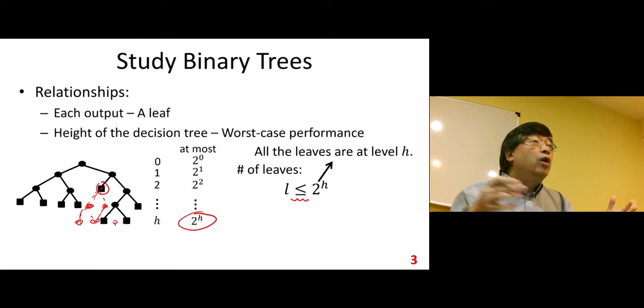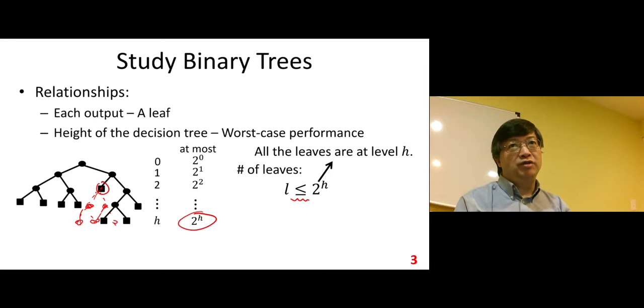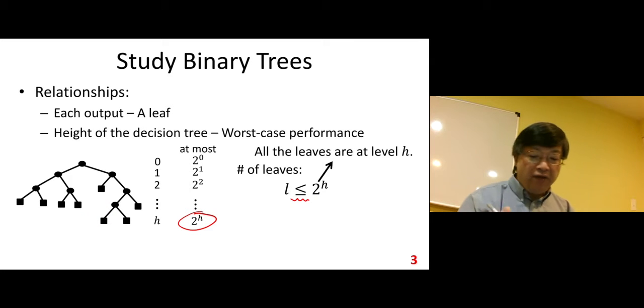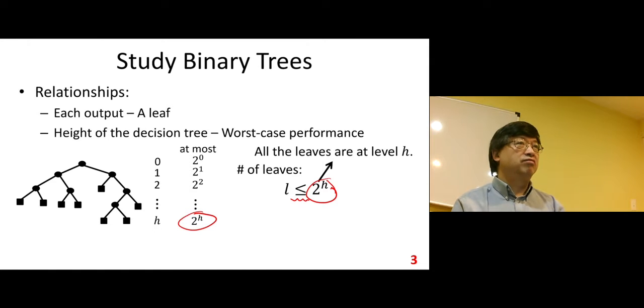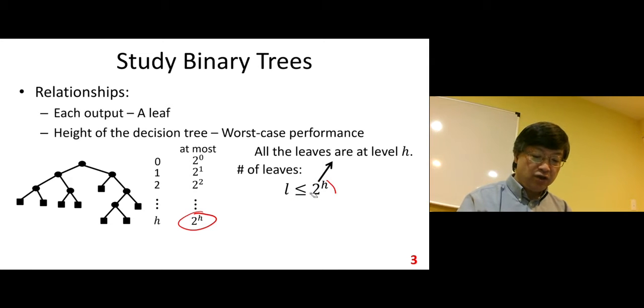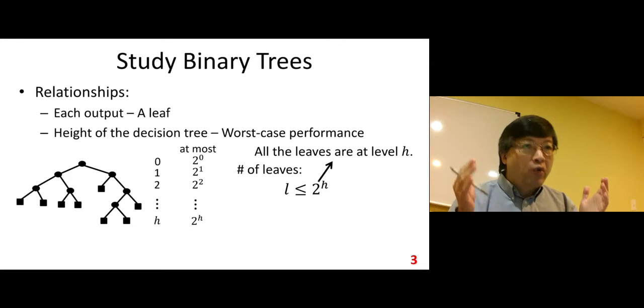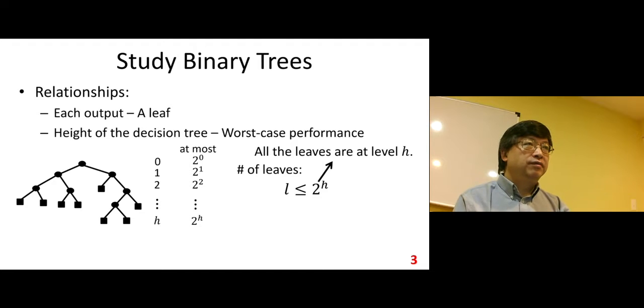So we reduce the number of leaves. Based on this observation, the total number of leaves can only be smaller than the maximum possible number of leaves in a decision tree with height H. So we get this critical inequality for our result.